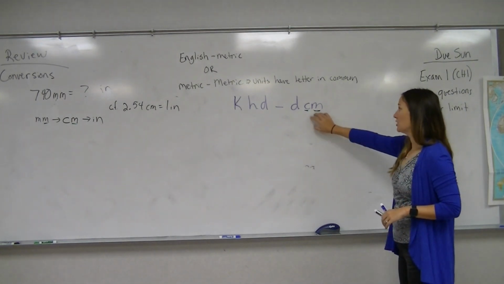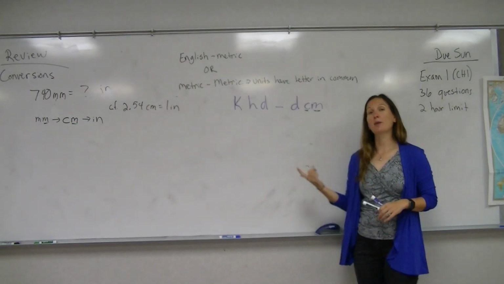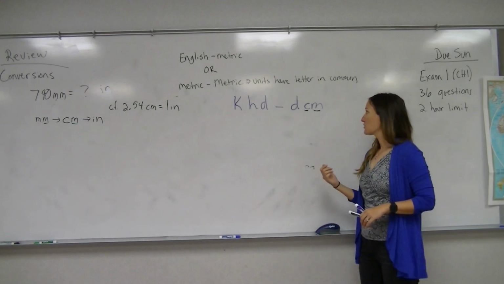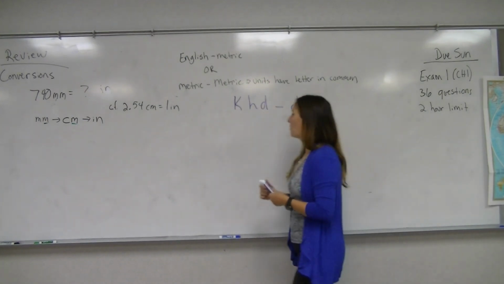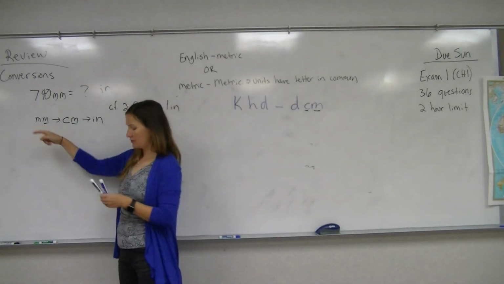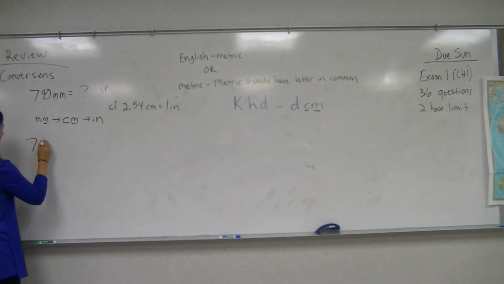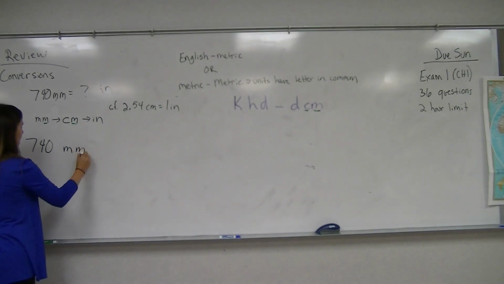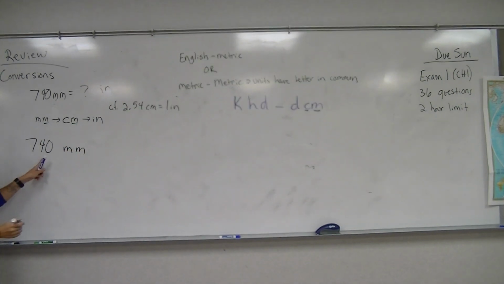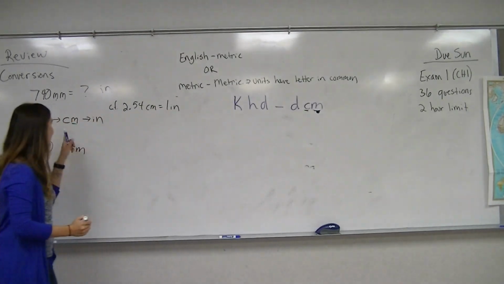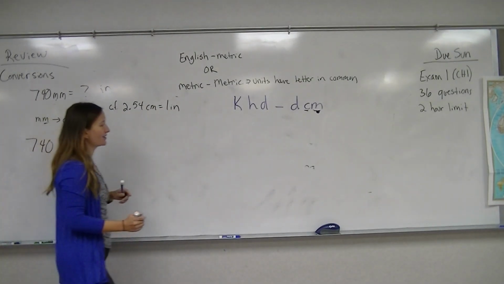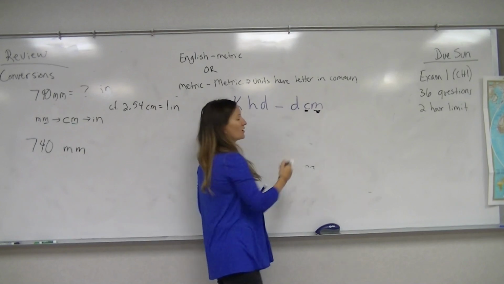What this is going to do is tell me how many times to move the decimal, and also what direction. I'm starting at millimeters, that's our 740 millimeters. That's where I'm starting. I want to go to centimeters, so I want to get to the C. So how do I do that?